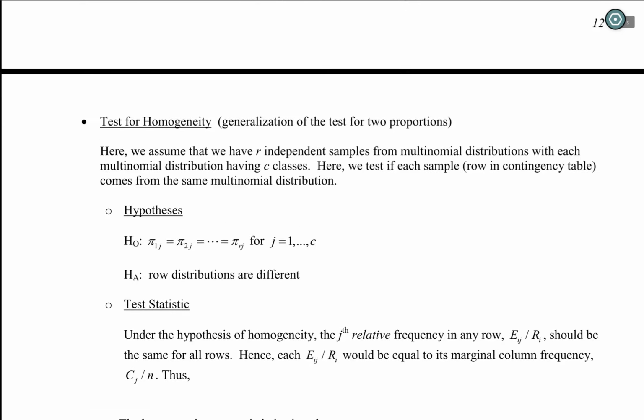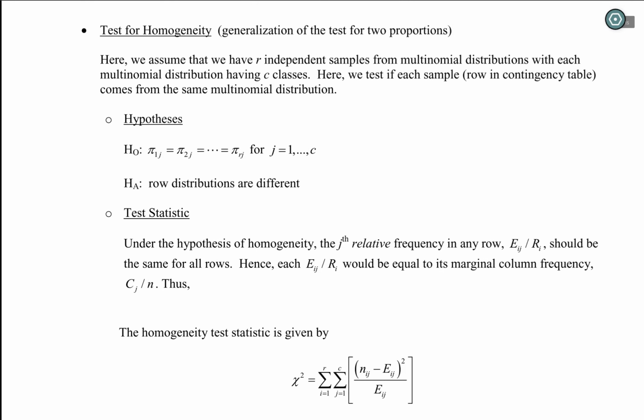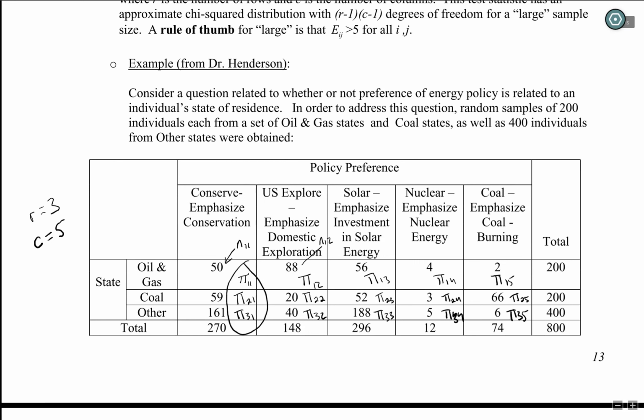All right, so the null hypothesis technically looks like this: pi 1j, pi 2j, through pi Rj are equal, and that's true across all the classes. That's the same thing as saying here that pi 11, pi 21, and pi 31 are the same.